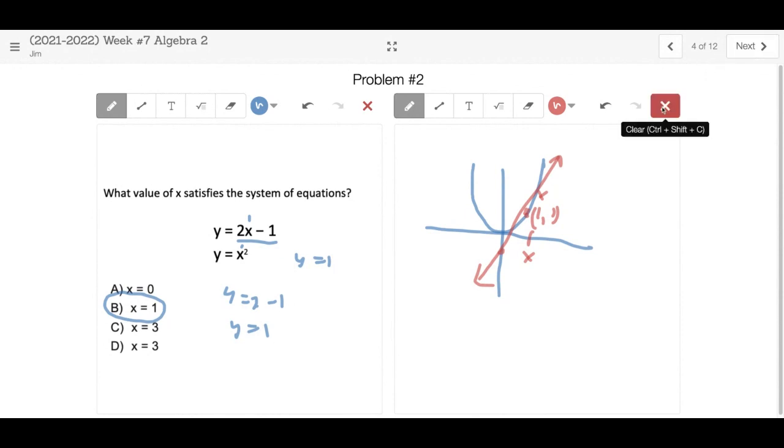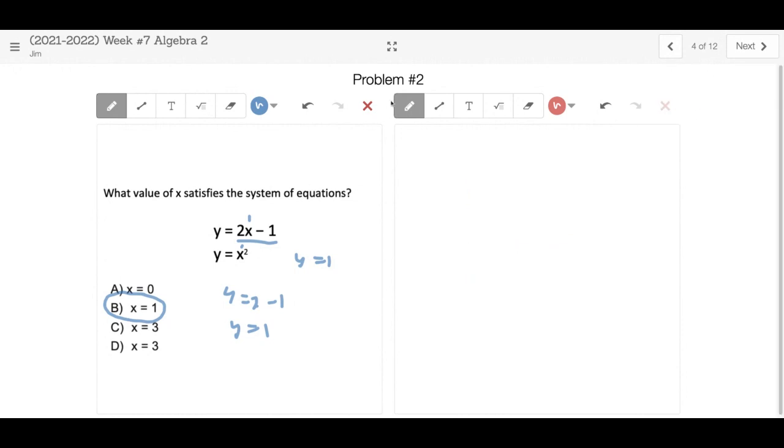Let me redo this problem because I'm going to do it 2 different methods. One method by graphing. Remember, we graphed quadratics already this semester, and we called this the parent function. Starts here at 0, over 1 up 1, over 1 up 3. So this parabola looks something like this. Now, this equation is 2x minus 1.